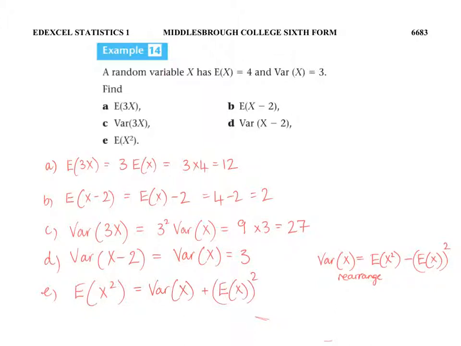So all I've done is I've left the E of x squared there and I've taken this over to the other side, and that's just a little bit of manipulation of the formula that we know already. So that's going to be 3 plus 4 squared, which is equal to 19.